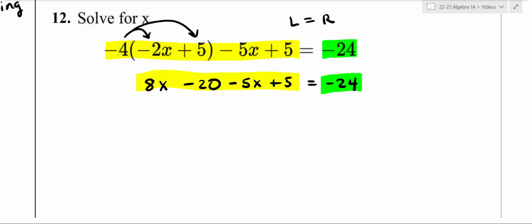We can further simplify this by combining like terms. 8x and negative 5x is going to give us 3x. And let me change the color. Negative 20 and 5 is going to give us minus 15. We want this term, so we've got to get rid of the minus 15.